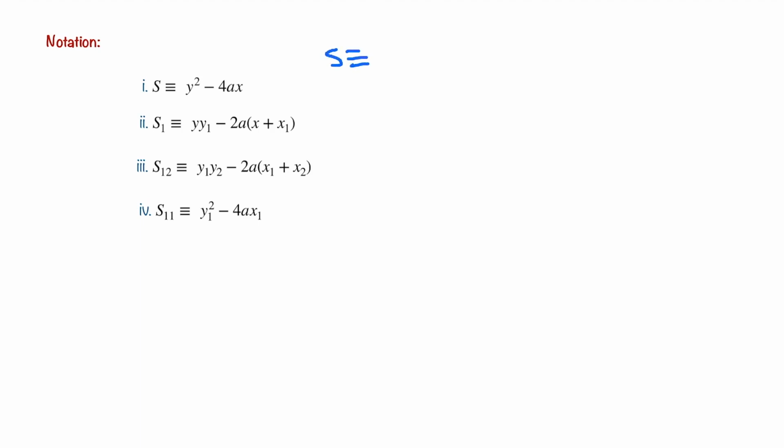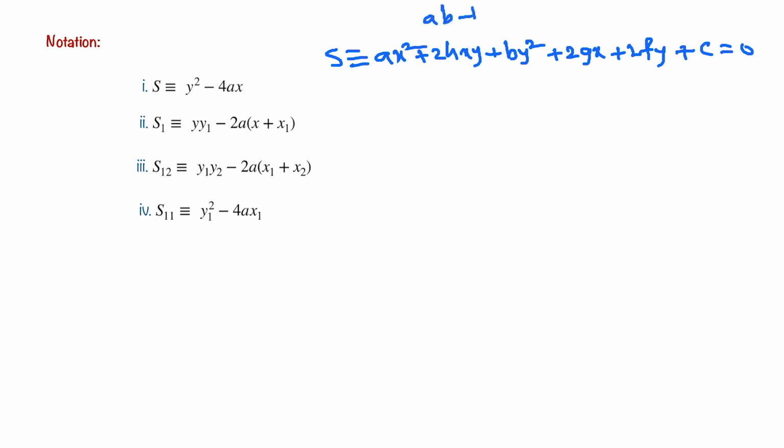S may be the general second degree equation like this: ax square plus 2hxy plus by square plus 2gx plus 2fy plus c equal to 0. Of course, here ab minus h square must be 0 if it represents a parabola.